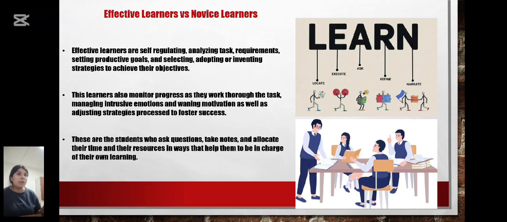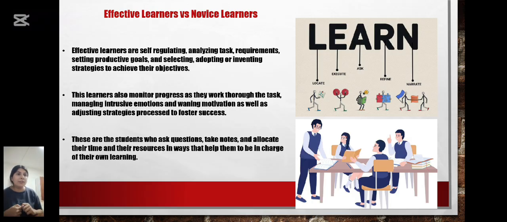These learners also monitor progress as they work through the task, managing intrusive emotions and waning motivation as well as adjusting strategies to proceed to faster success. So these effective learners are also monitoring themselves as we talked about before.